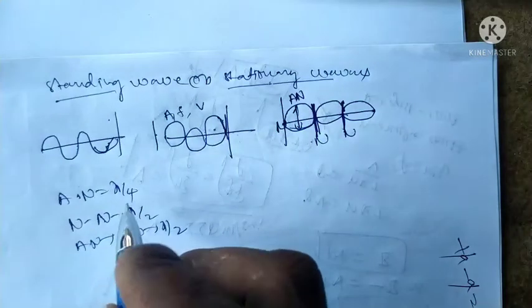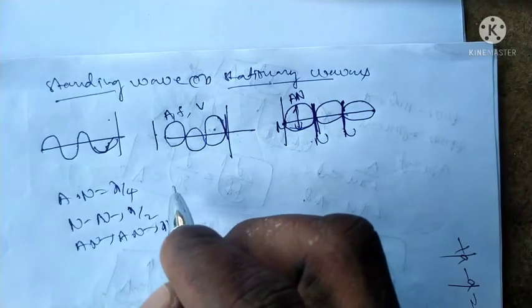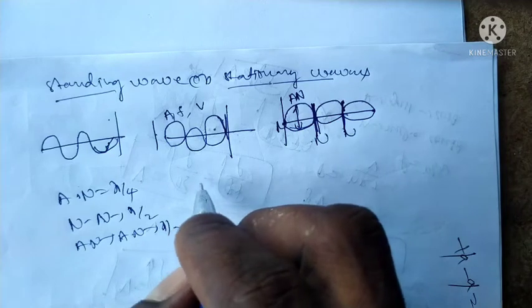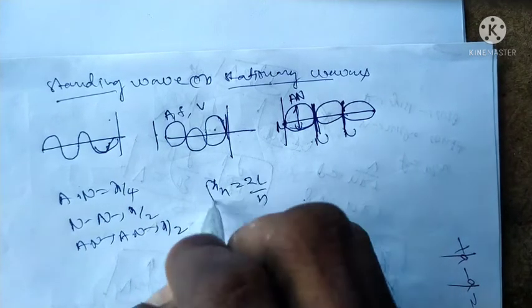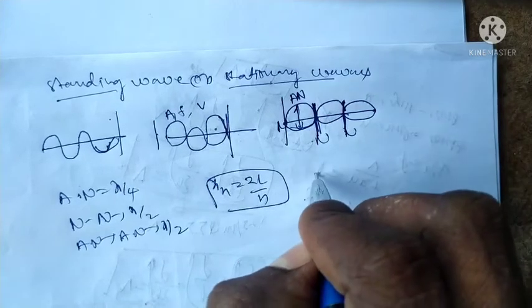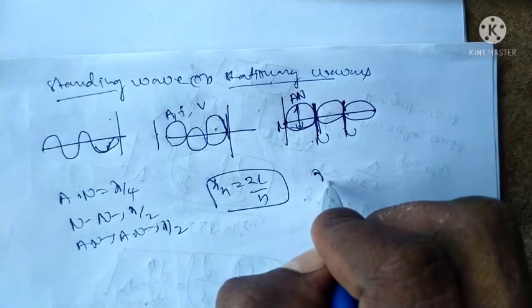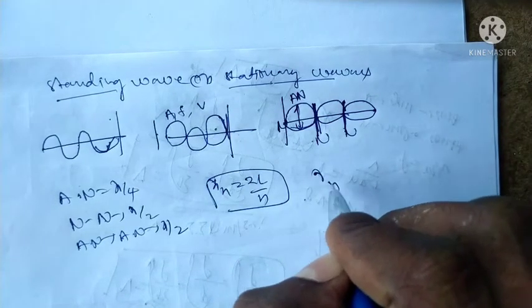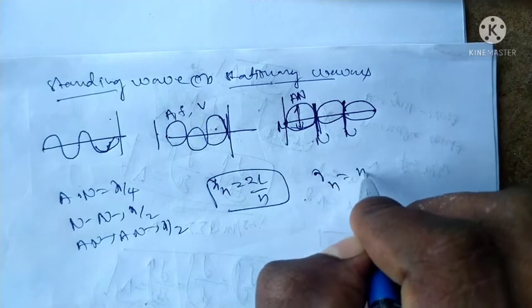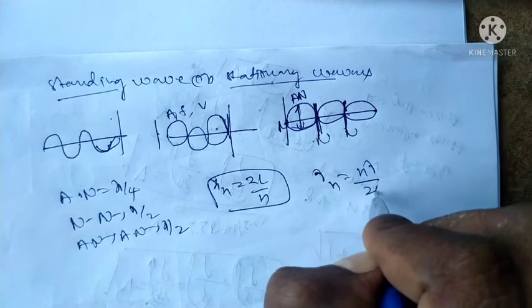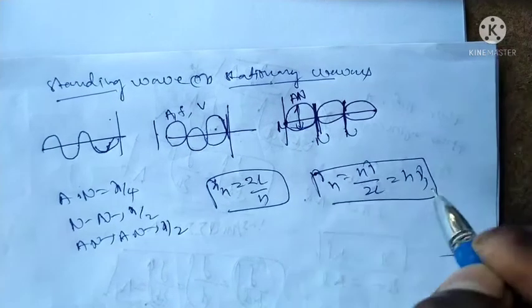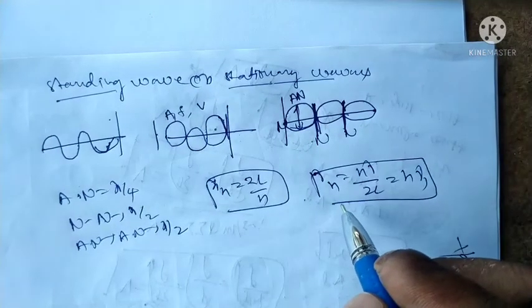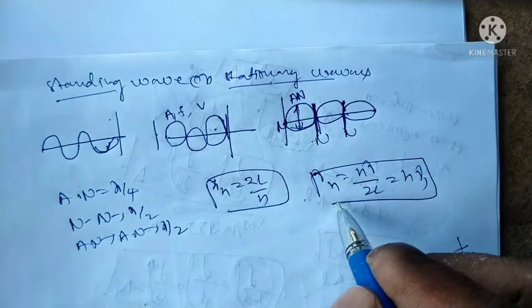And also we can find the relation between the frequency and length of the wave: lambda equals 2L by n. In the form of frequency for n waves, the modes of vibration, the frequency is n v by 2L, or n nu 1. This is the frequency of the nth wave.